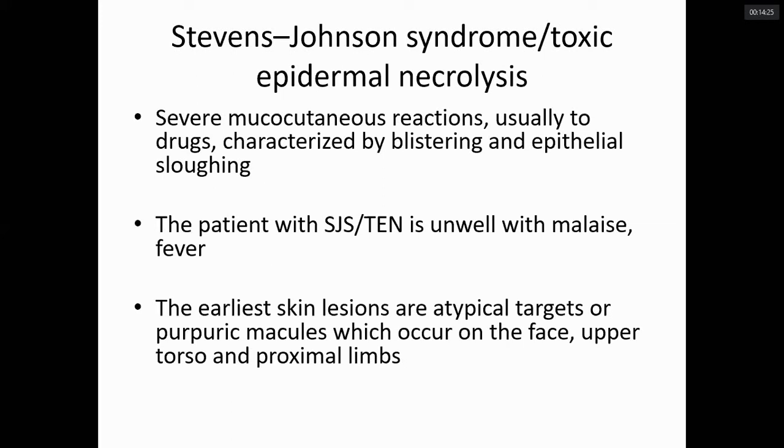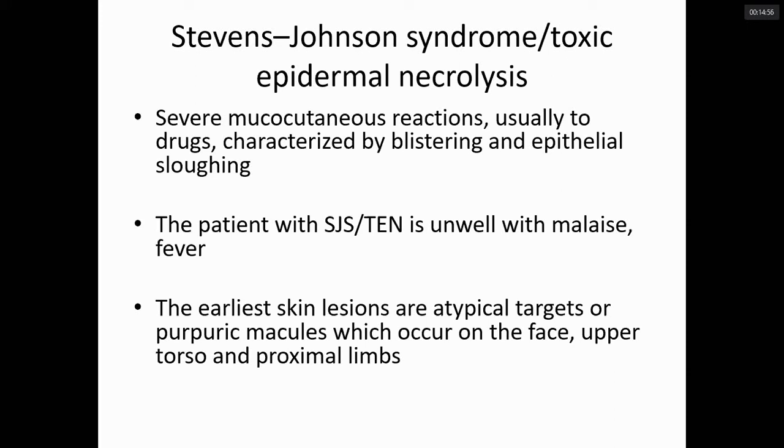Now, the most important type of severe adverse drug reaction is Stevens-Johnson syndrome and toxic epidermal necrolysis. These two are severe mucocutaneous reactions, which are characterized by blistering and epithelial sloughing, means separation of epithelium from dermis, and various systemic features also like malaise, fever. The earliest skin lesions are atypical targets.